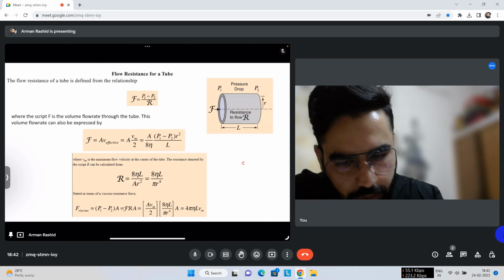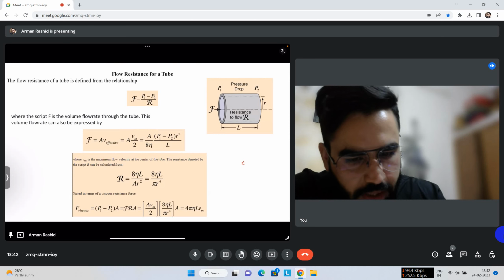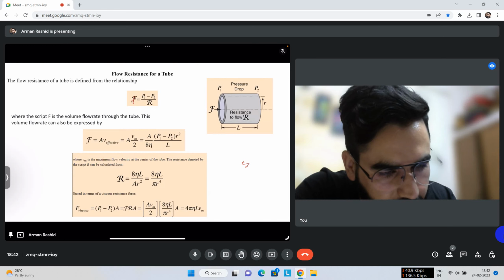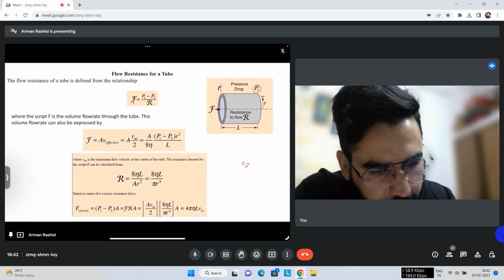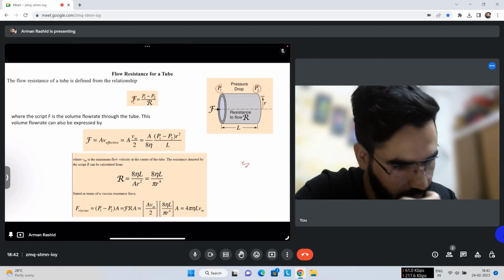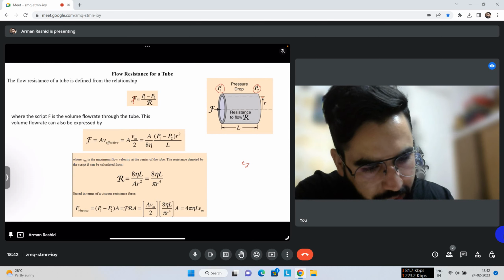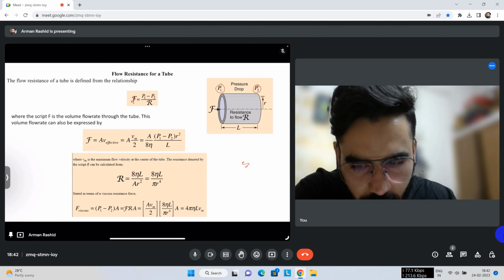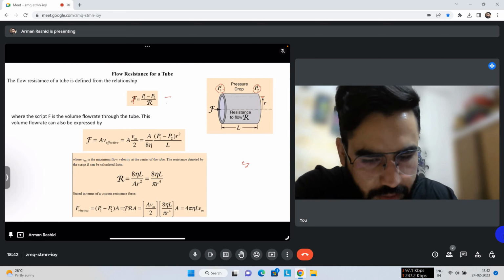Flow resistance of a tube is defined by the relation where the flow resistance is given by the pressure here minus the pressure here, divided by F. That is defined as flow resistance.